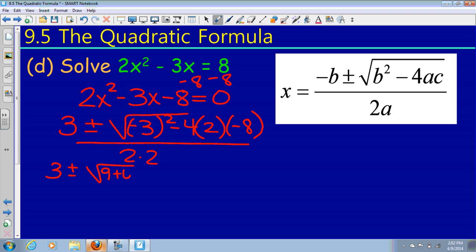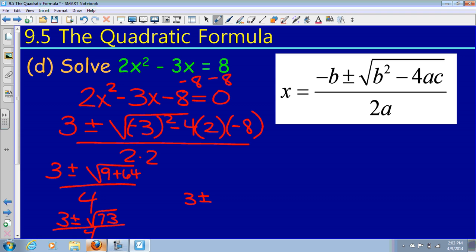Negative, plus 64, all over 4. Then we go to 3 plus or minus the square root of 73 all over 4. This is going to be one of those times.